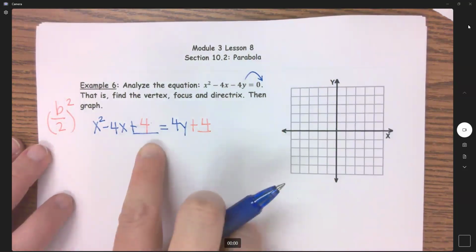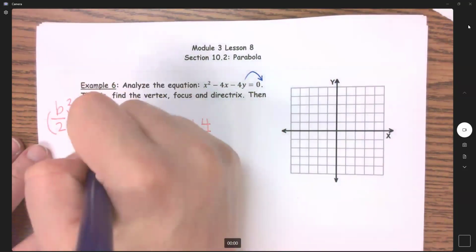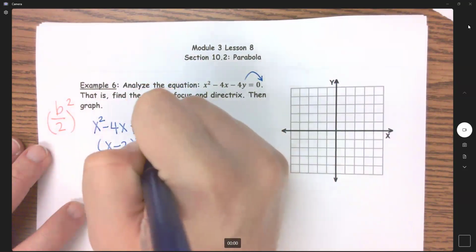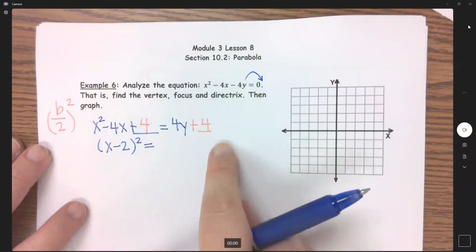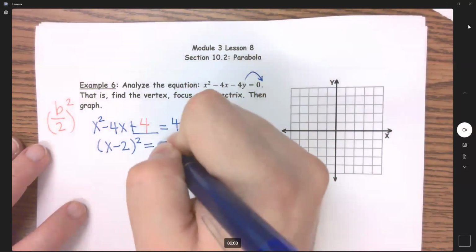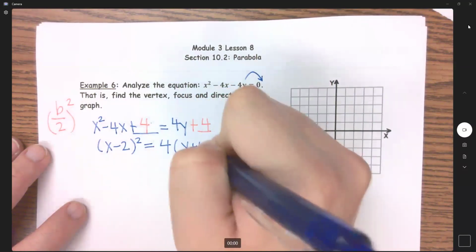So what does this factor become? What multiplies to 4 and adds up to a negative 4? That's negative 2 and negative 2. Over here, I need to pull out my GCF if I have one. They both have a 4, so I'm going to pull that out. And that leaves me with y plus 1.